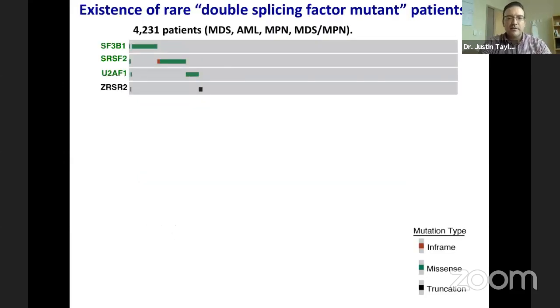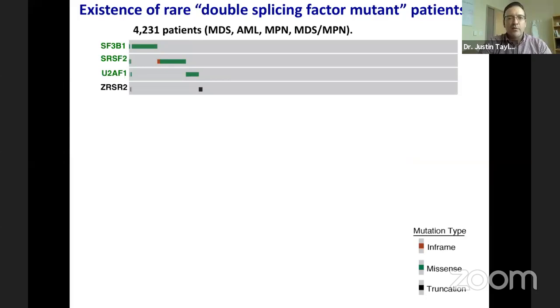I just want to recognize two people that helped in the analysis of this data, Xiaoli Mi and Alex Benson, and others that contributed to amassing this great amount of patient data to find these rare patients, and then analyzing all the sequencing information, including the single cell sequencing information.